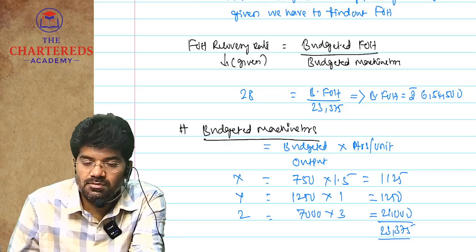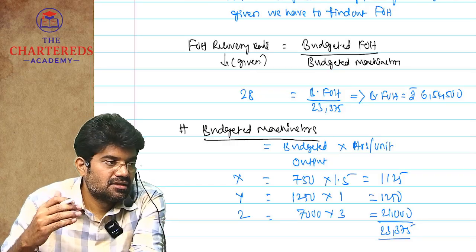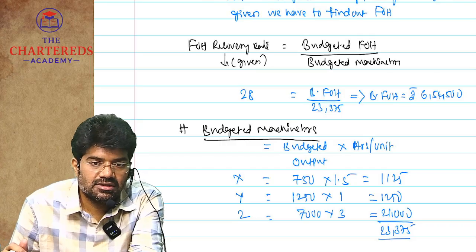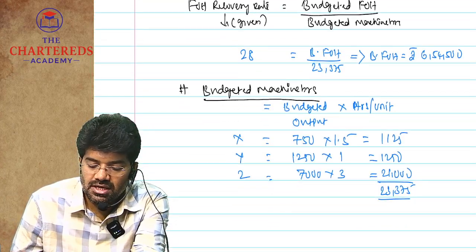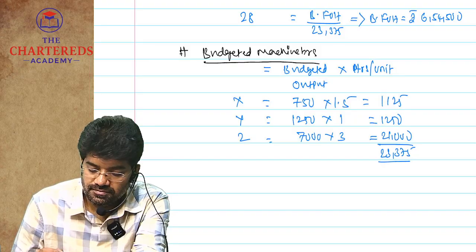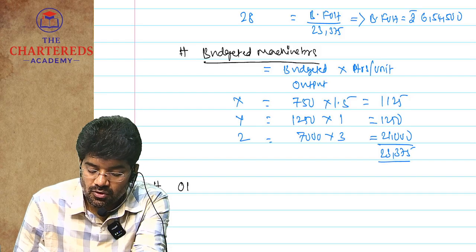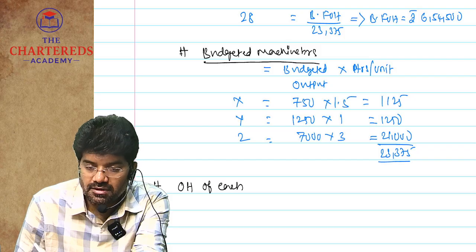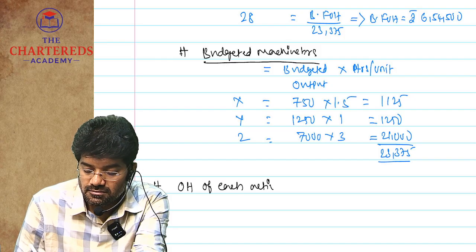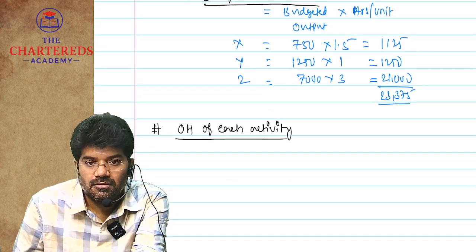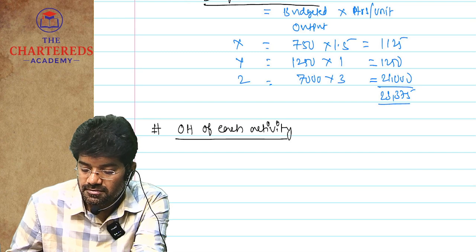Now this must be segregated to each activity or not? Yes, that is the next thing we have to do: overheads of each activity. What are the activities here?